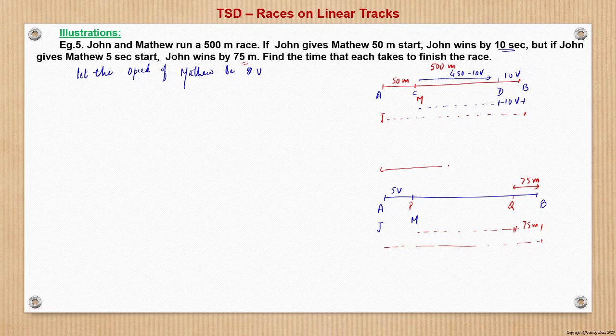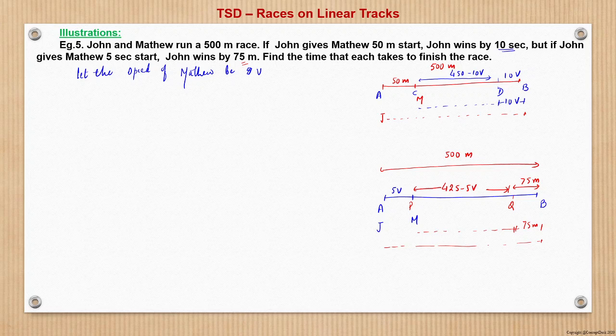Overall distance is 500 meters, and this is 5v. So this distance will be 500 minus 75, which is 425, minus 5v, right?